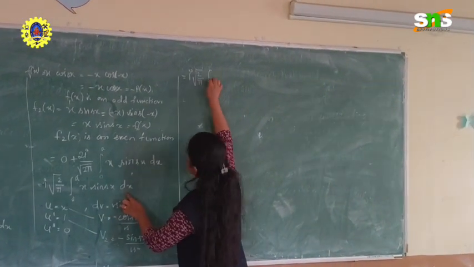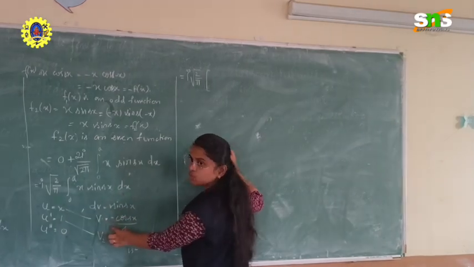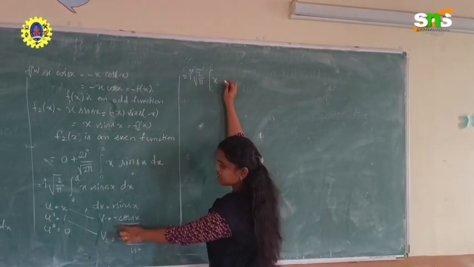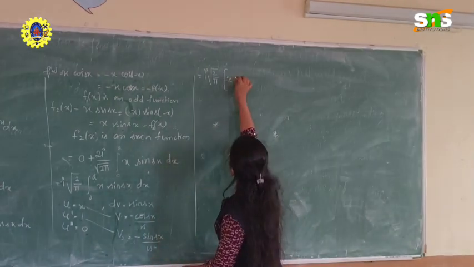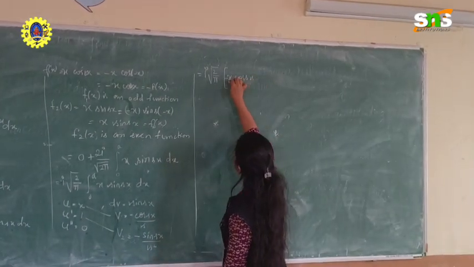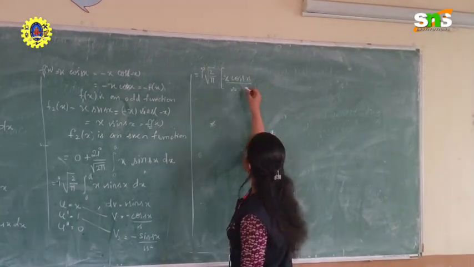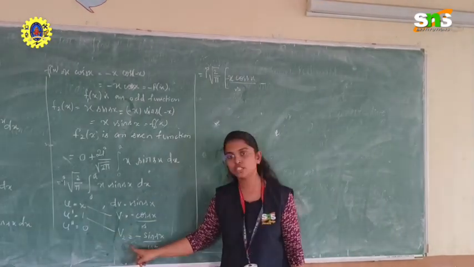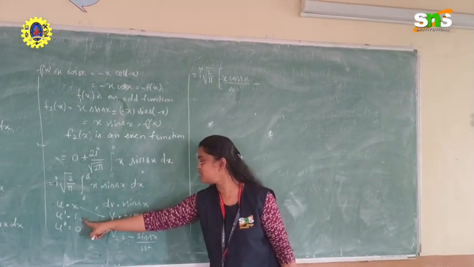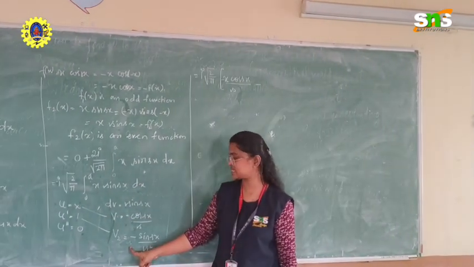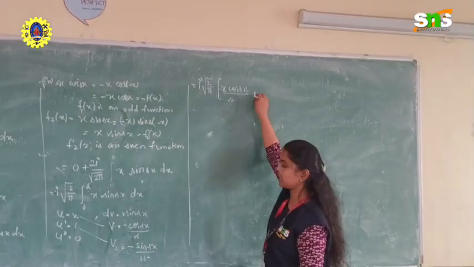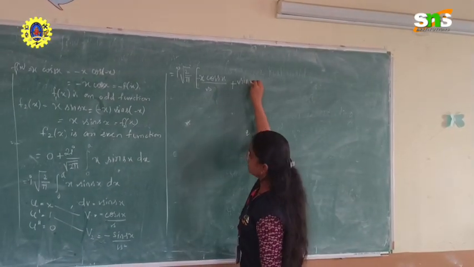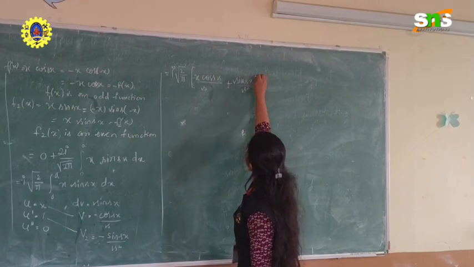So now it is equal to i root 2 divided by root pi. This integration will be u into v1. What is u? x, right? And v1 is minus cos sx divided by s, so minus x cos sx divided by s, minus u dash into v2. So u dash is 1, so 1 into minus sin sx divided by s square. Here already you have minus, so minus to minus is plus: plus sin sx divided by s square.